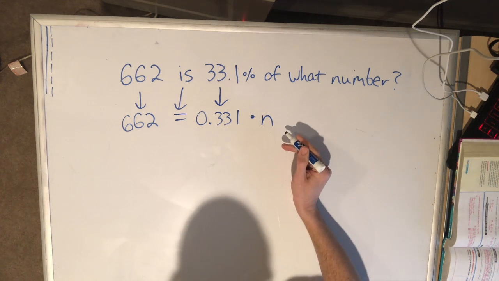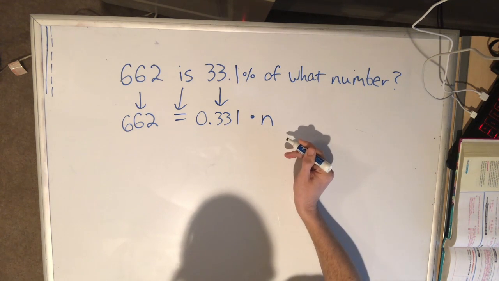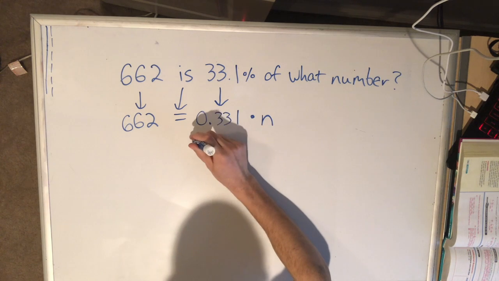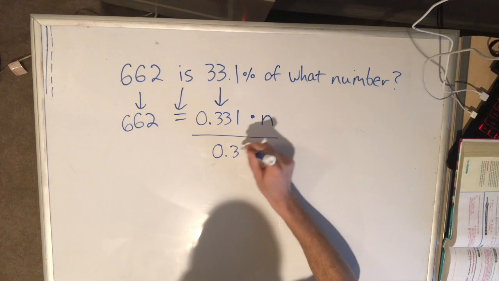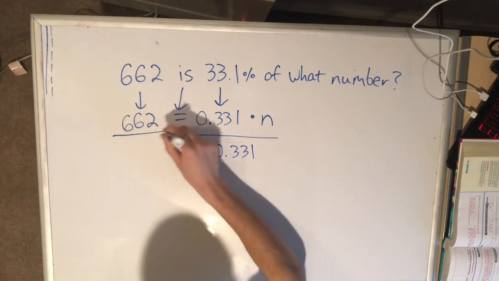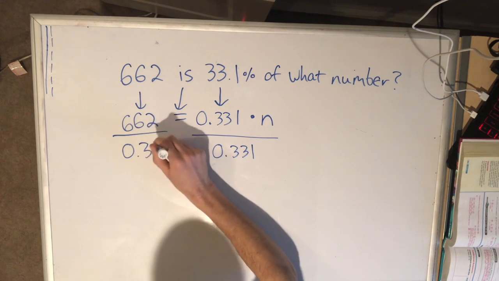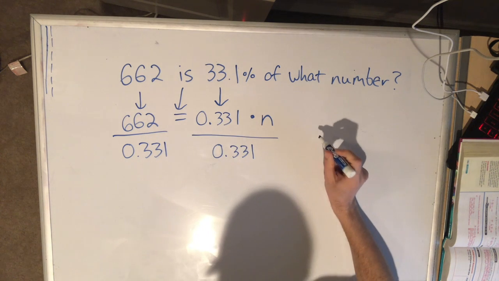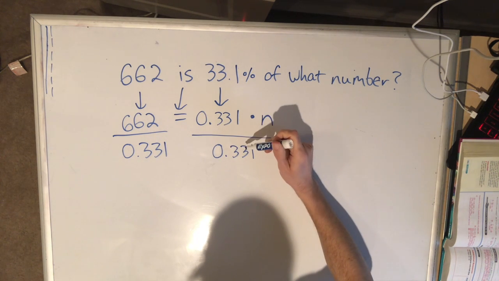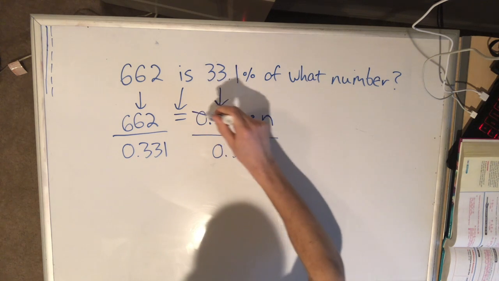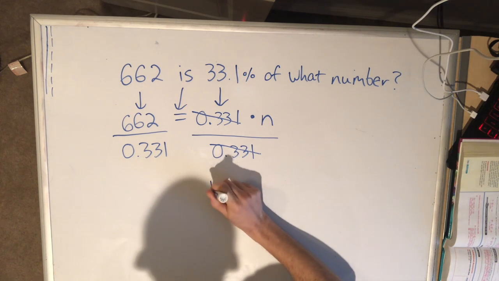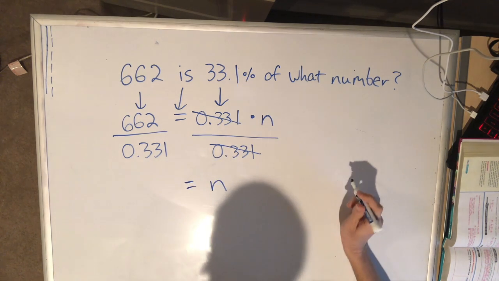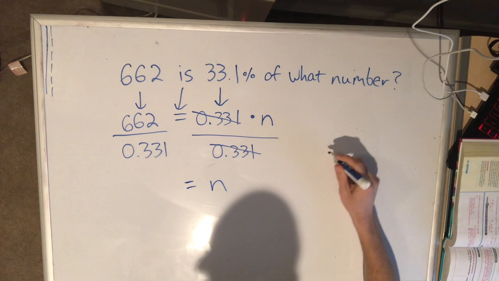Since n is being multiplied by 0.331, to get rid of the 0.331, do the opposite and divide each side by 0.331. We can cancel, 0.331 divided by 0.331 is 1, and 1 times n is just n, so the 0.331s cancel out. And now let's work out 662 divided by 0.331.